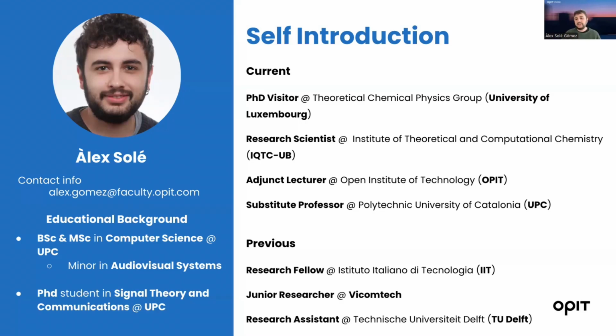Okay, let me start from the beginning, with what we do at the Institute of Theoretical and Computational Chemistry. We are more focused on finding new materials that can be useful for quantum computing.